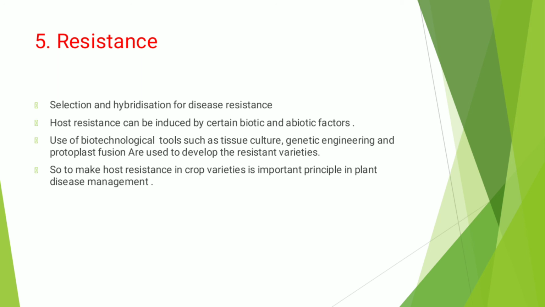Host resistance can be induced by certain biotic and abiotic factors. Use of biotechnological tools such as tissue culture, genetic engineering, and protoplast fusion are used to develop resistant varieties. So, making the host resistant in crop varieties is an important principle in plant disease management.